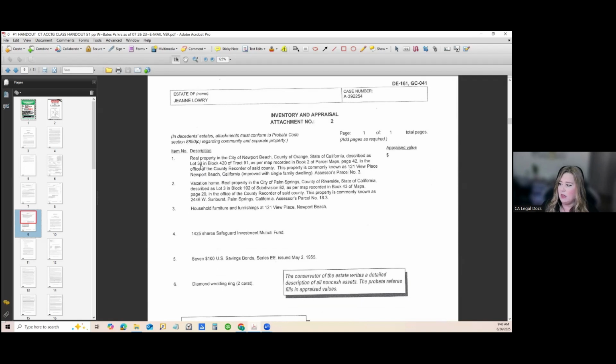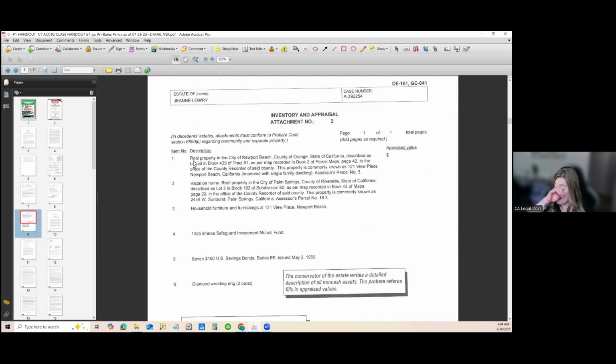So the first one is in the example that the conservatee has a residence. I list mine a tiny bit different. I always want to list if it's 100% owned, 50% owned, 25% owned, things like that, because it's very important for the probate referee to know what percentage of ownership of the property he or she is valuing.